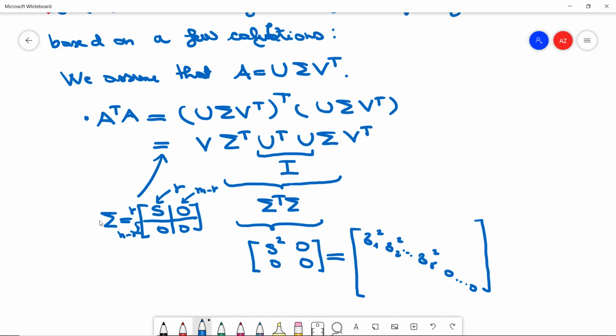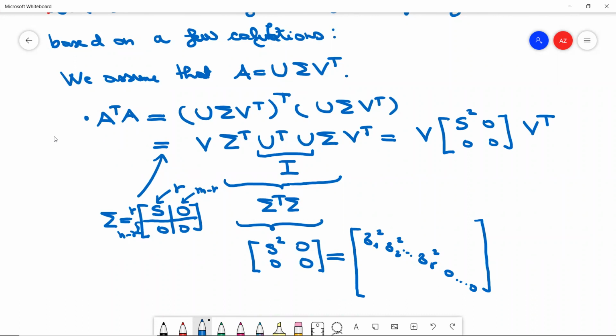So we denoted the diagonal elements of this capital sigma as sigma 1 up to sigma R. So then the diagonal elements of sigma transpose sigma are just their squares. So what does this tell us? Let's write this in a compact way. So then we get V, and then this sigma squared, 0, 0, 0 diagonal matrix, V transpose.